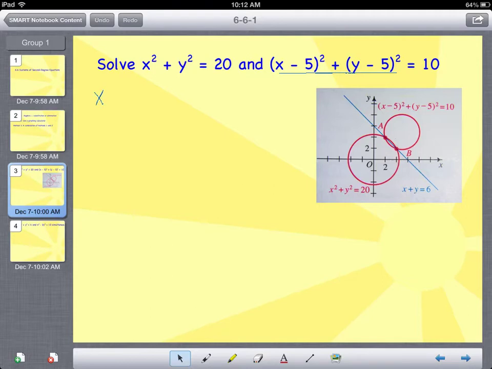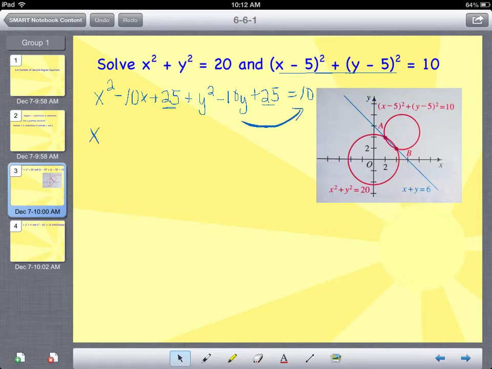If I square (x minus 5), I'll have x squared minus 10x plus 25. Expanding (y minus 5) squared, I'll have y squared minus 10y plus 25, and that's set equal to 10. What I'm going to do is get all of my constant terms over to the right side.